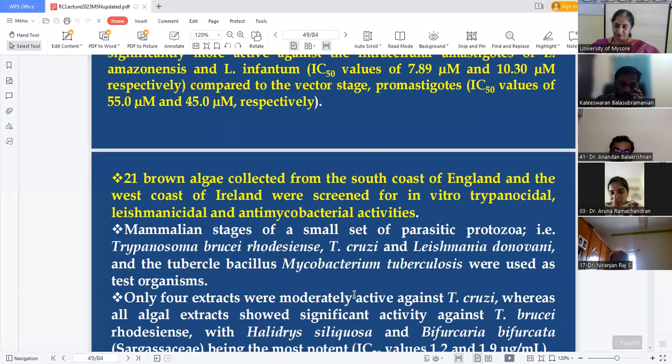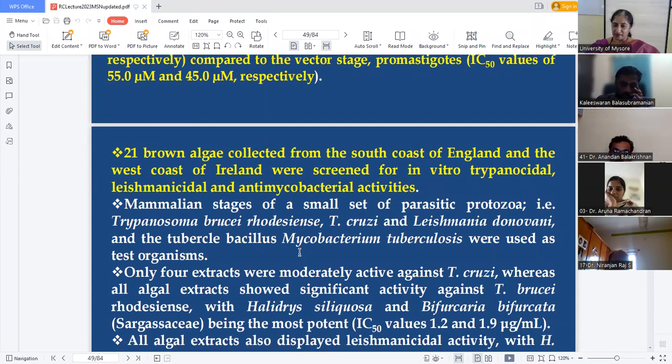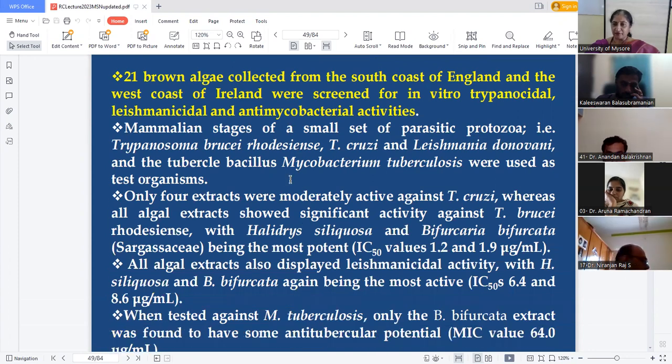Similarly, from the England and Ireland coast, 21 brown algae have been employed to study their effect on trypanocidal, leishmanicidal, and antimycobacterial activities, also against Mycobacterium tuberculosis. And 4 extracts were very prominent against Trypanosoma cruzi.